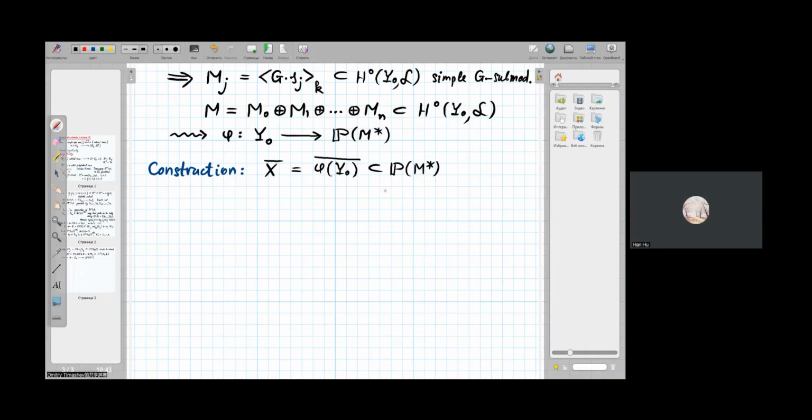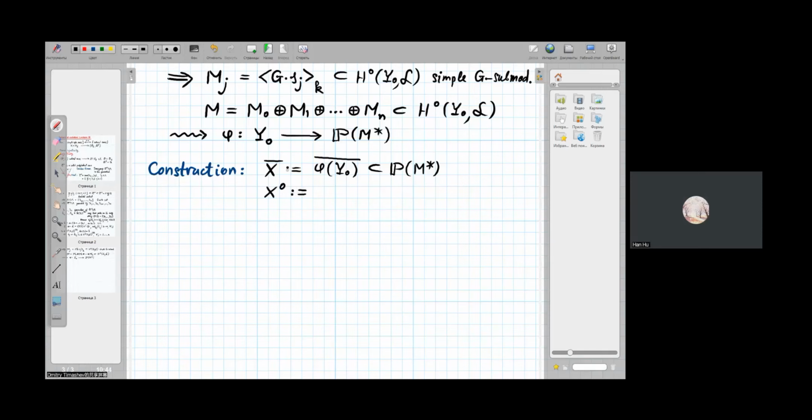Okay, so the construction is as follows. First, let's denote by X bar the closure of the image of the homogeneous space Y naught under this map to the projective space P of M star. Then let me denote by X upper naught an affine open subset in X bar.